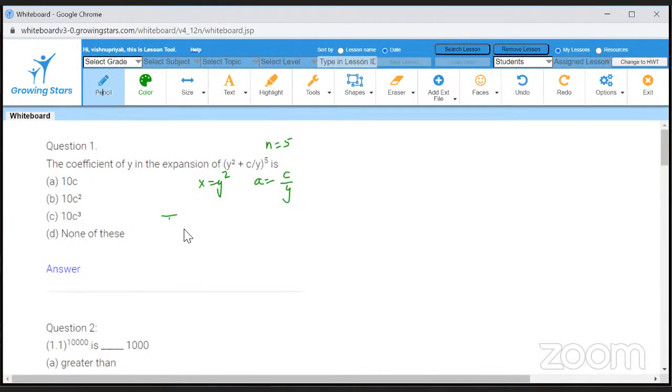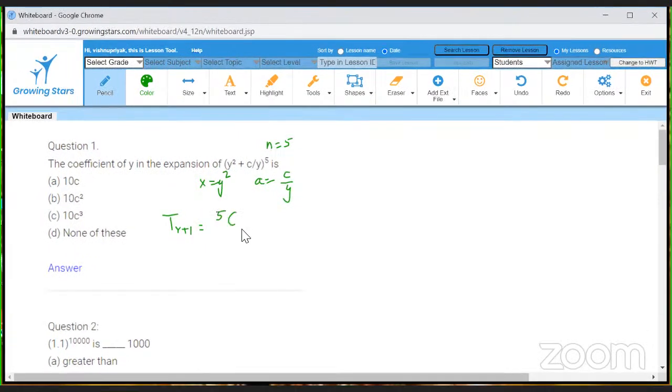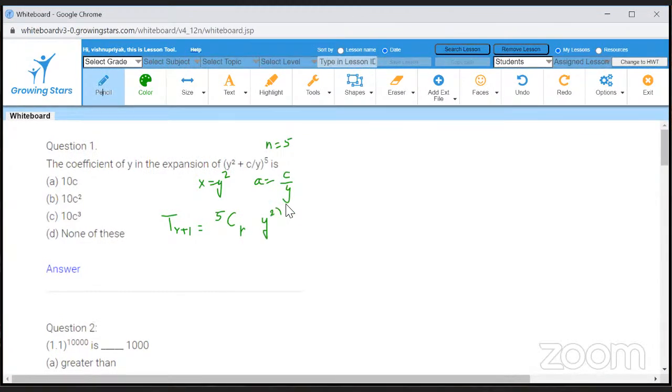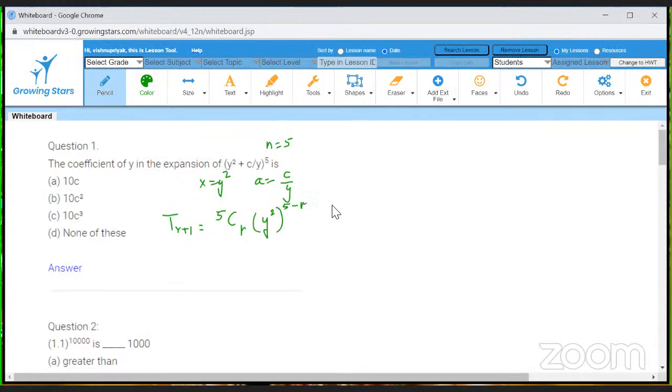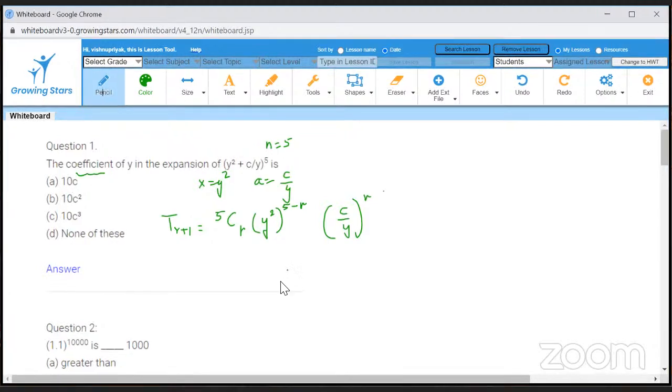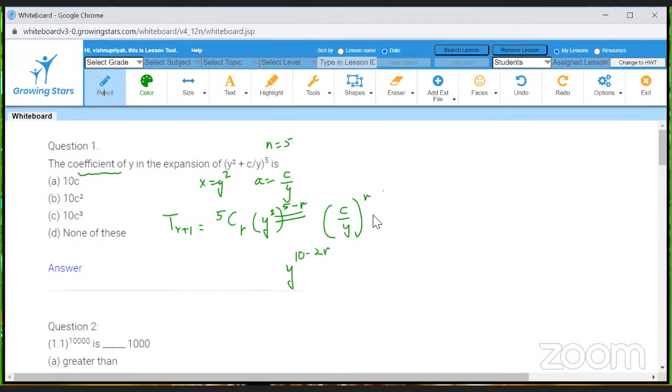If you want any term T r plus 1, it is nCr, x power n minus r, a power r. Here the power of y is 10 minus 2r, and here y power is minus r.